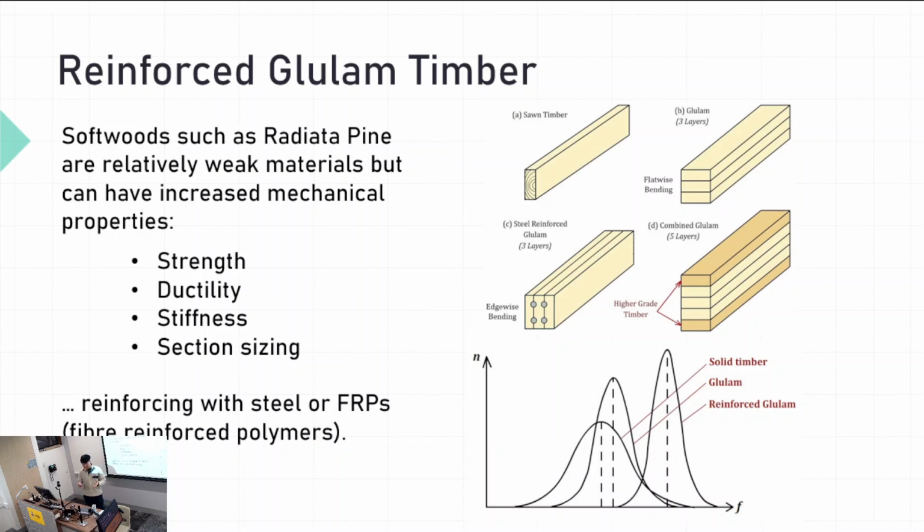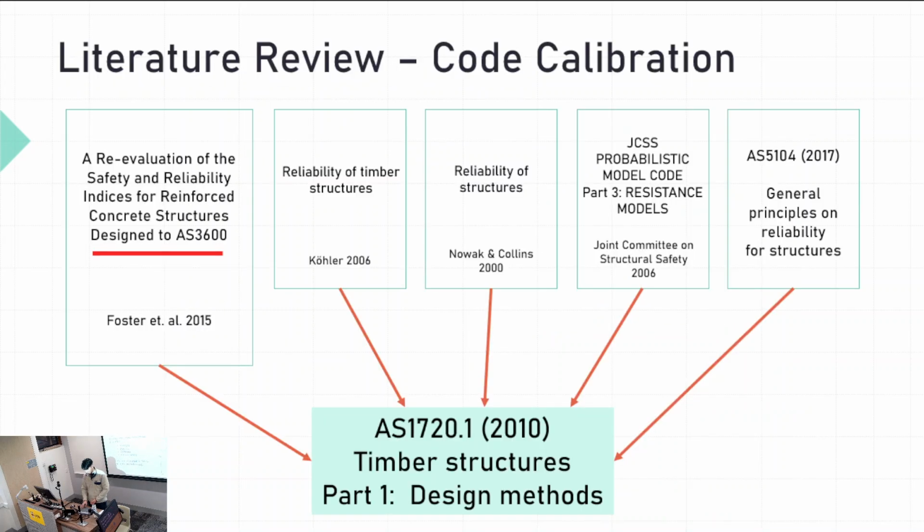But when you laminate it together using glue, you can improve the section sizing and increase its consistency essentially, and overall strength of the section. So as you can see from this bell curve, we can improve solid timber by laminating it into Glulam and then reinforcing it with a reinforcement material such as steel, which compounds this kind of effect.